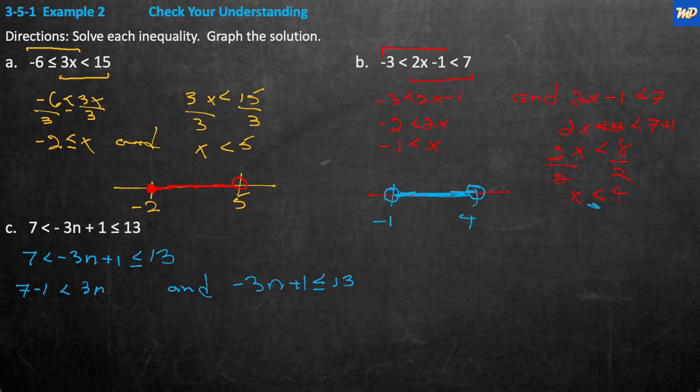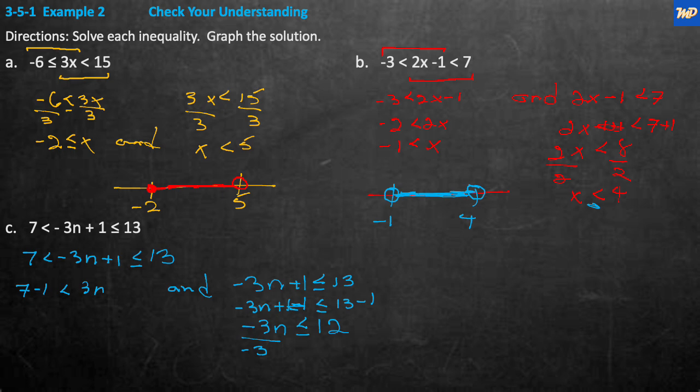So now we're going to subtract 1 from both sides, right? So we're going to have -3n plus 1 minus 1 is less than or equal to 13 minus 1. So these ones cancel. We have -3n is less than or equal to 12. Okay, so now we're going to divide both sides by -3.